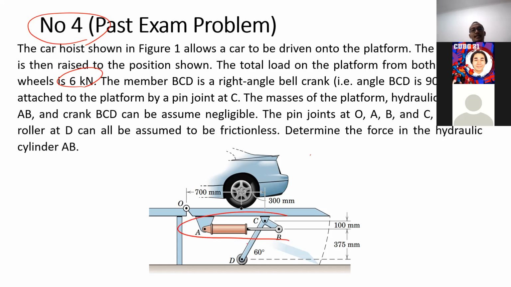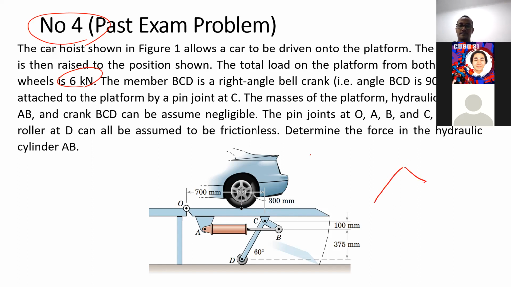The one that we need is AB. In order to solve AB, I have to solve for BCD, right? Because AB is connected to BCD, or I can solve ACO as well, because A is connected to that structure as well. But I will try using BCD.